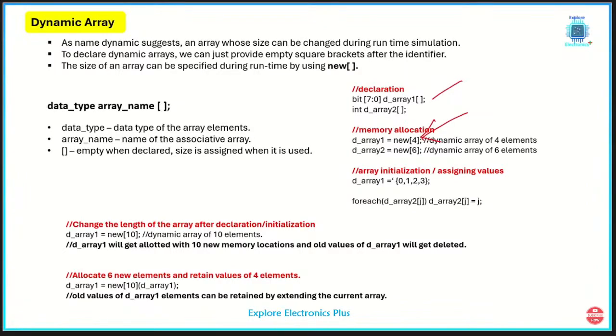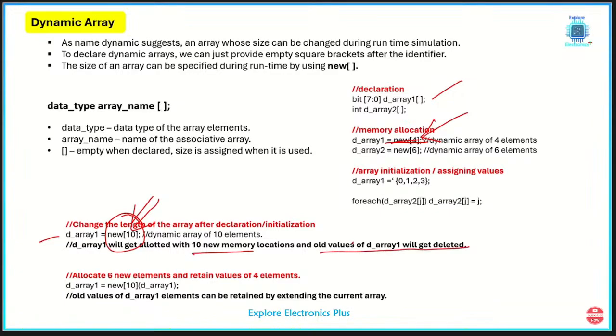If we want to change the size, then again we can call the new function like this: d_array1 equals new[10]. What this will do is remove all the 4 elements we have, and freshly allocate 10 new memory locations, and the old values get deleted. That is what we need to know here.